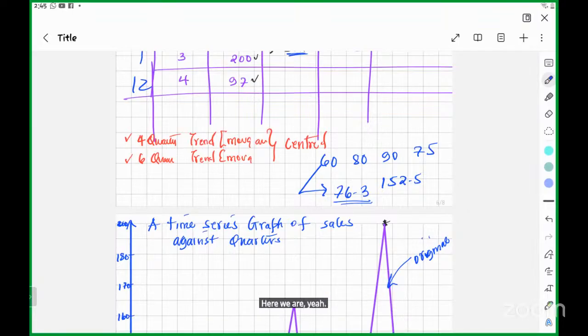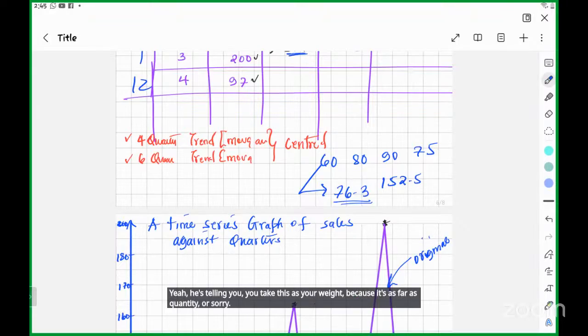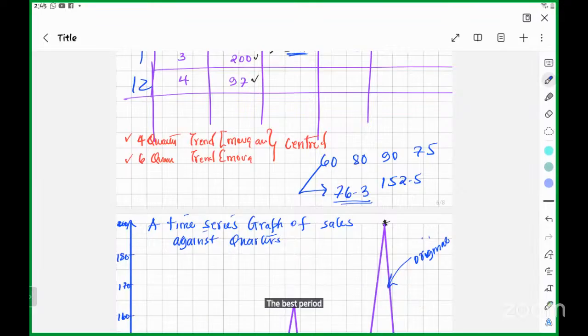You always go with the prior period. Here it is even easier: he's telling you price is the weight. The base period prices are here and the quantities are here.